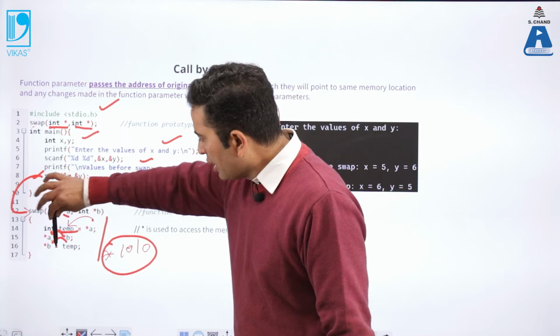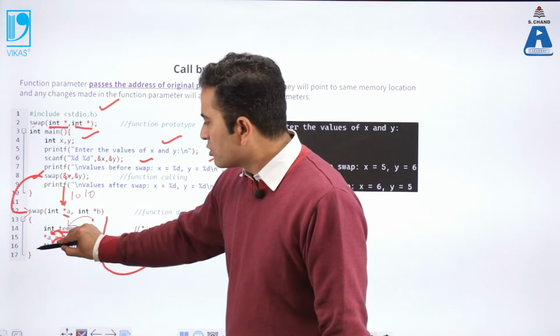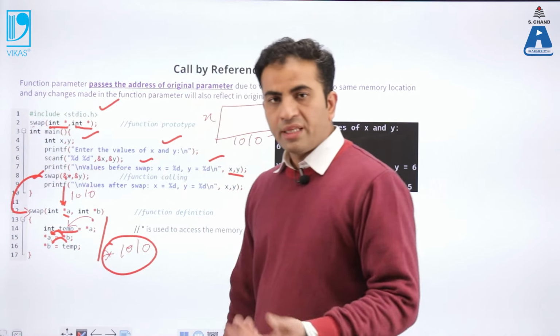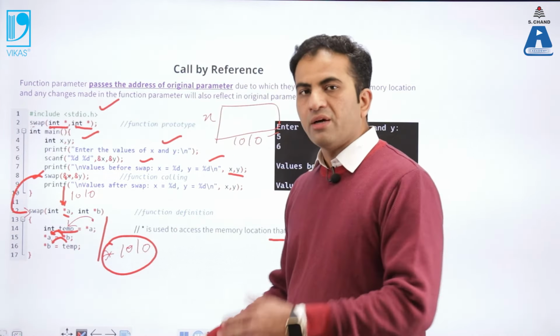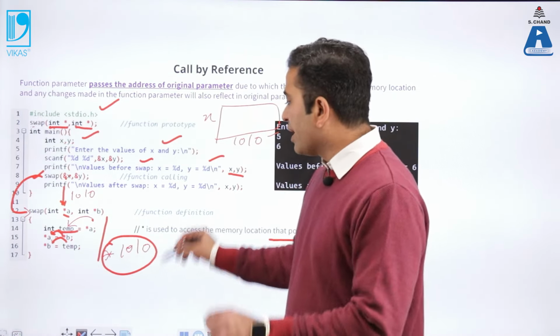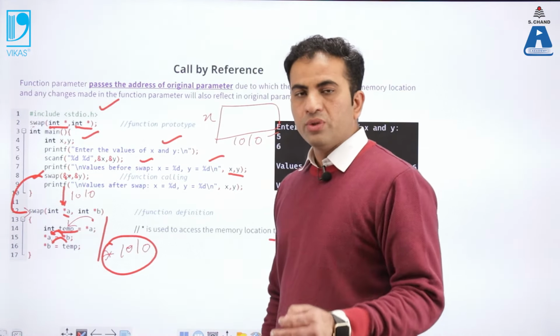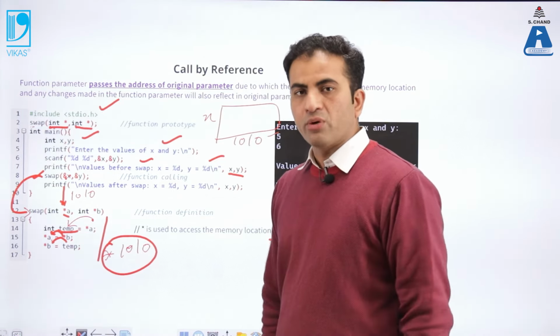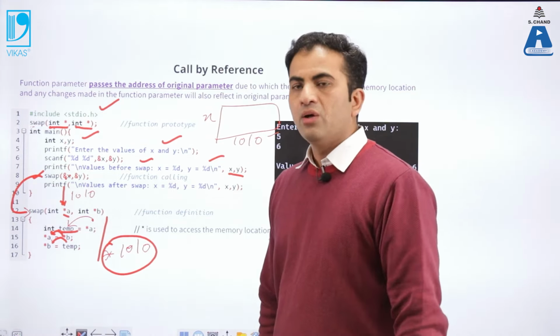Okay. Now a point to be noted: there is no printf statement here. We can only write the return, and even if we do not write the return, the value will still be swapped here. Why? Because we are only referring to the memory location. We are only talking about the memory location.